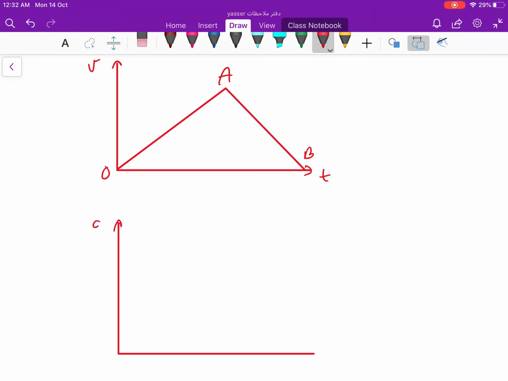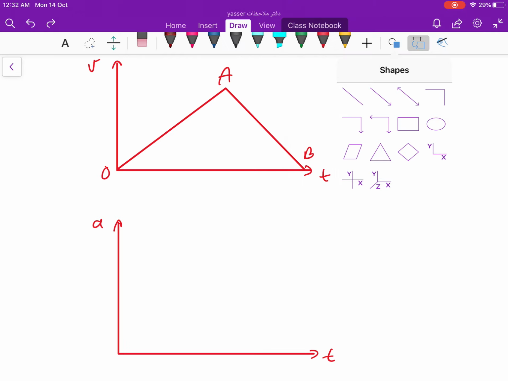we have now an acceleration time graph. What do you think that graph will be? I'll give you like 3 seconds to think about it. We have a uniform acceleration, and this acceleration is constant, so I'm going to draw a horizontal line like this.